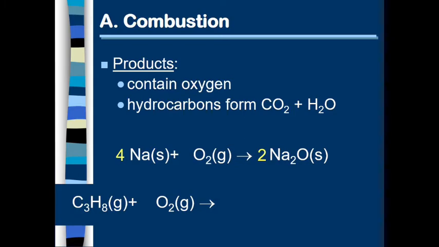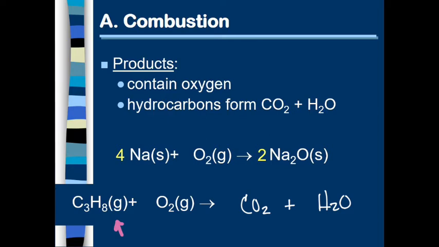It is now balanced. And the second reaction, C3H8, this is propane gas. And propane gas reacting with oxygen, that is another hydrocarbon. So if I gave you this reaction and said predict the products, you should be able to predict that carbon dioxide and water will be produced, and then you would have to go back and balance this reaction.